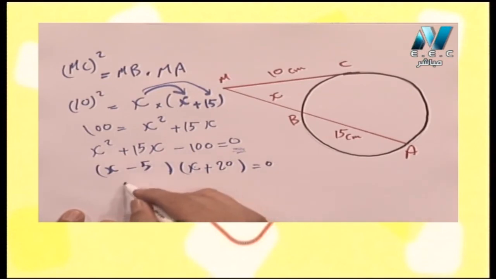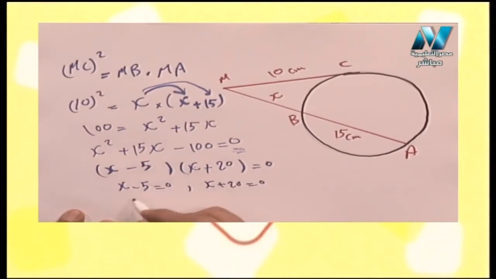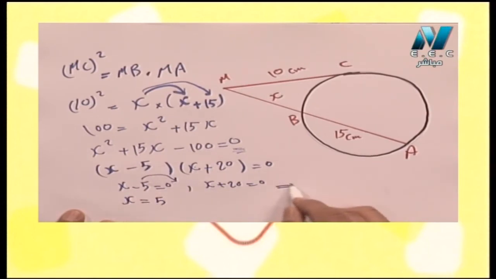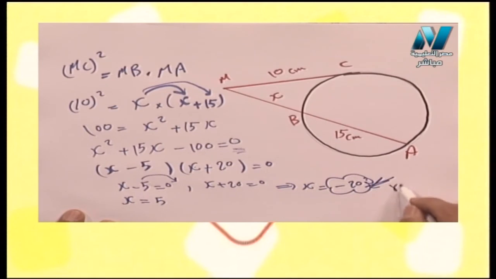So we can write x minus 5 equals 0 and x plus 20 equals 0. So x equals 5, and here x equals negative 20. Yes, excellent pupils say that this number is refused because we deal with length. When we deal with length, there is no negative. So x equals 5, and MB equals 5.